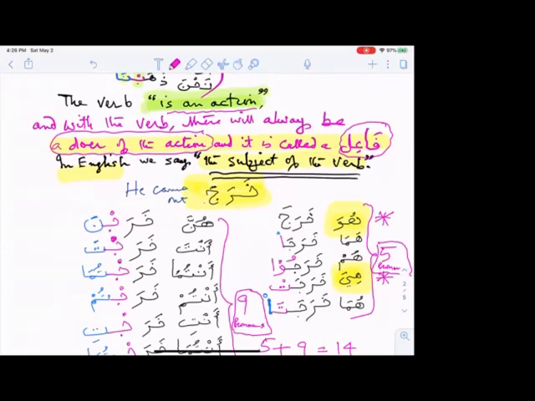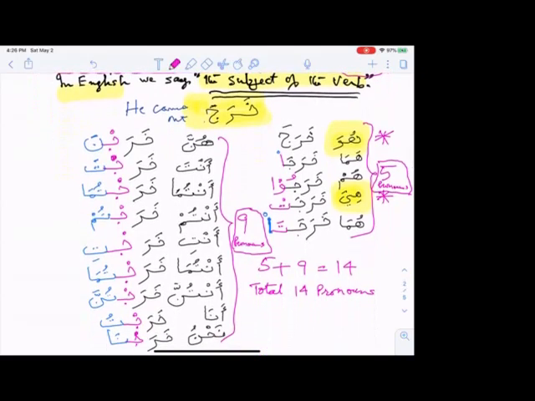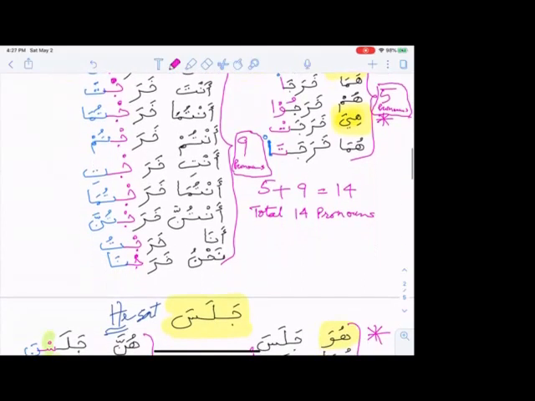Huwa kharaja. Huma kharaja. Kharaju. Hiya kharajat. Huma kharajata. Hunna kharajna. Anta kharajta. Antuma kharajtuma.